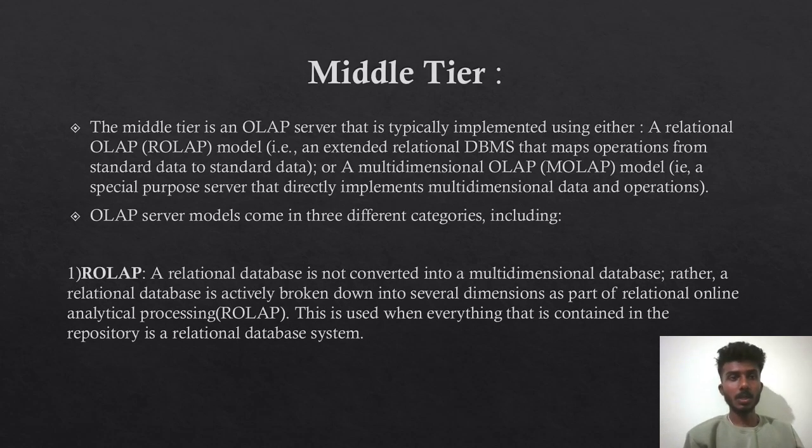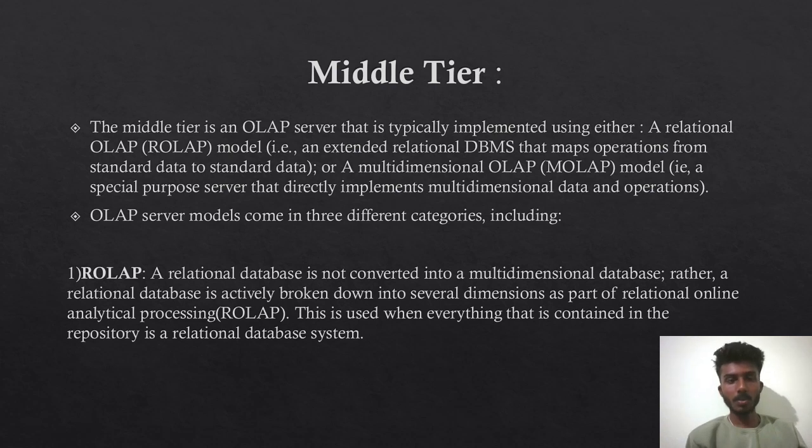Next is the middle tier. The middle tier is an OLAP server that is typically implemented using either a relational OLAP, also called the ROLAP model, or a multidimensional OLAP, the MOLAP model. So OLAP server models come in three different categories: ROLAP, MOLAP, HOLAP. So let's discuss them one by one.